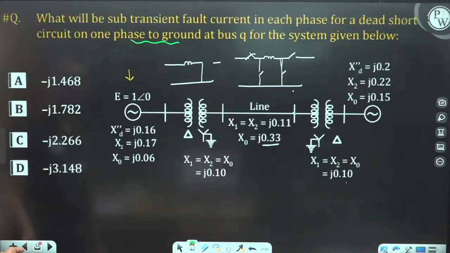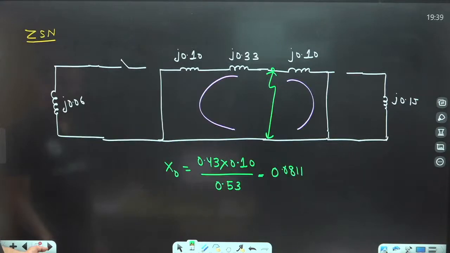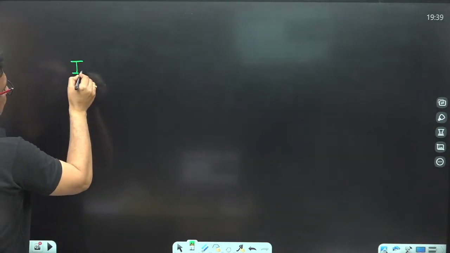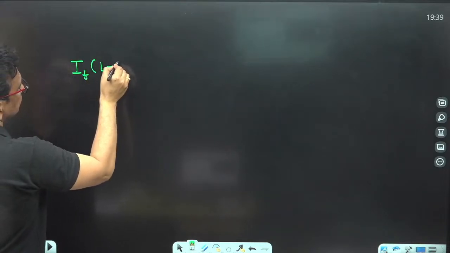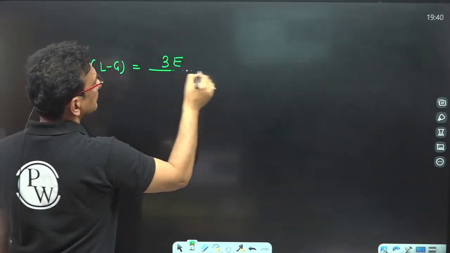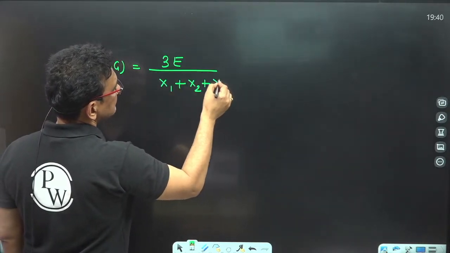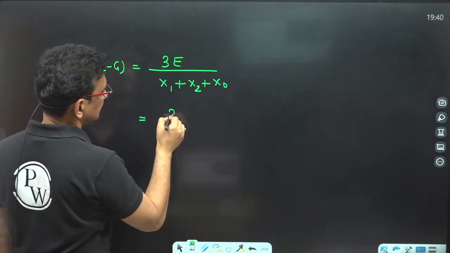Now just find out the value of the fault current for the line to ground fault. Sorry, not three-phase; line to ground fault. So it is 3E divided by X1 plus X2 plus X0. E is 1.